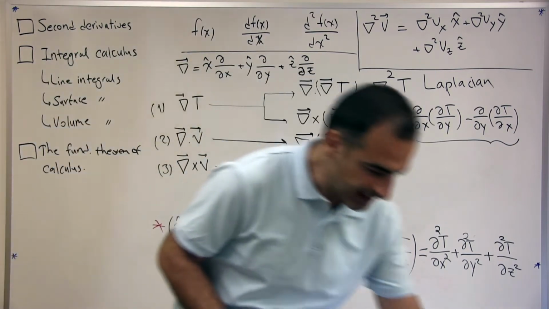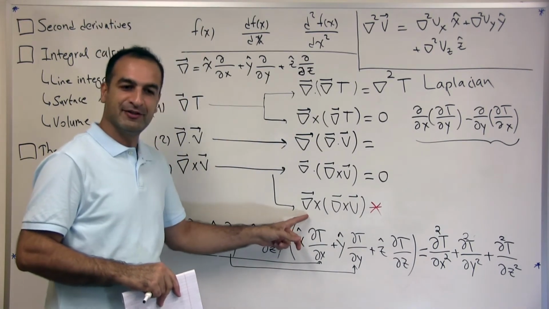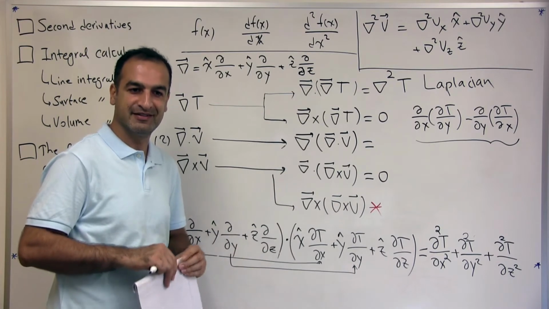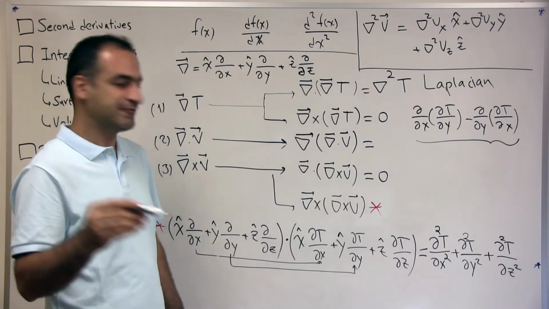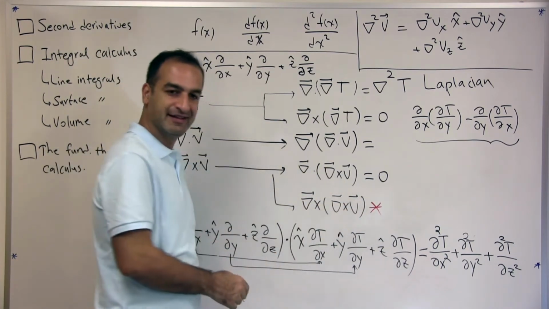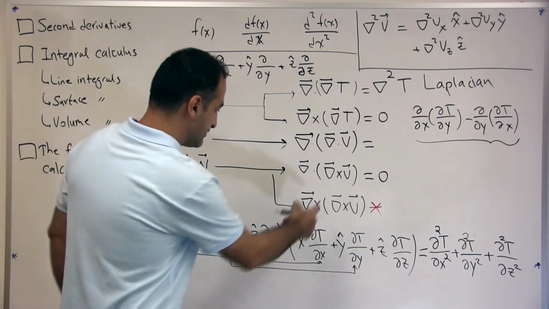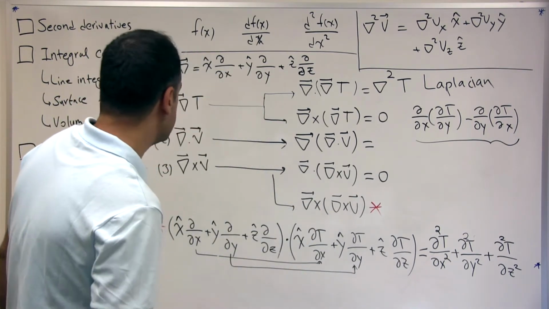Okay, so if you expand it, this has a very similar form to the BAC-CAB vector triple product that we talked about, okay? So BAC-CAB was for the cross product of the cross product. So this is almost the same thing. So this one can be expanded and written.